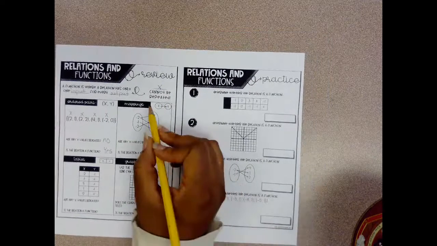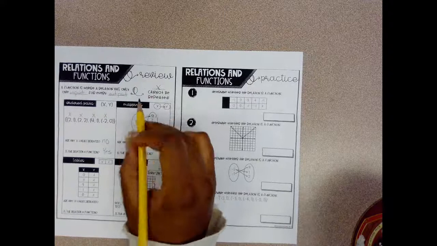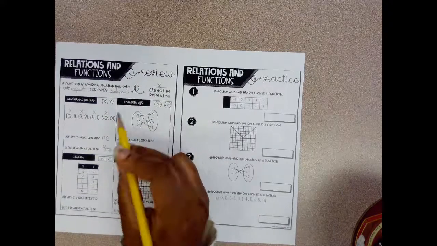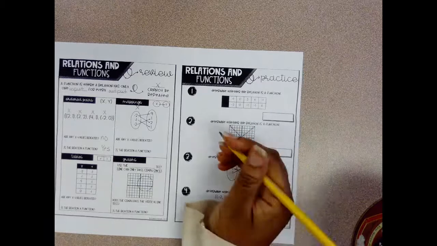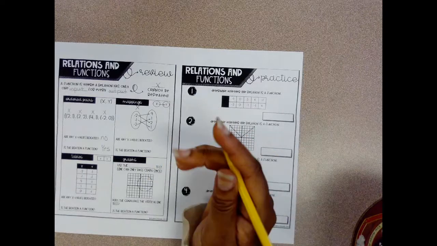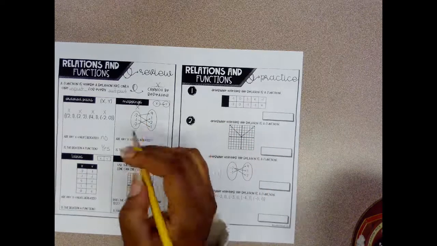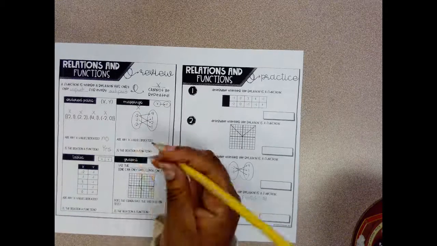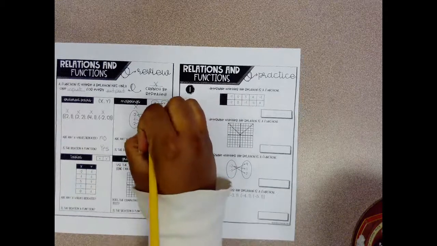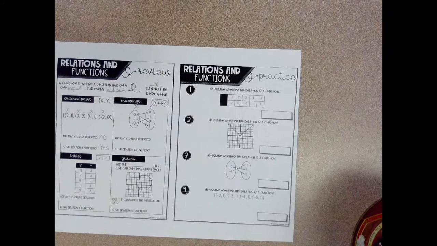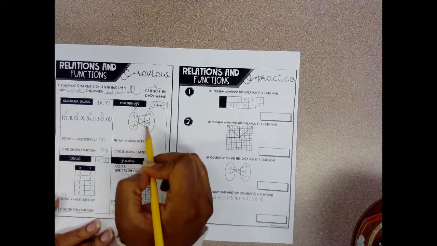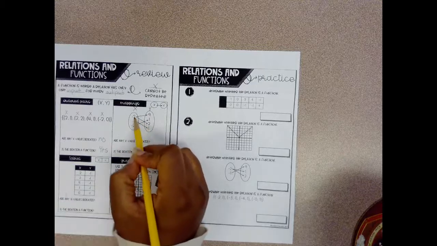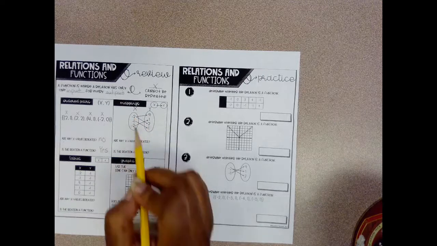Now for my mapping. So this first oval is representing all your x values, either from a graph, table, ordered pair, whatever. This is just another way of visualizing whether or not something is a function. And then this set of ovals is representing your y values. So if you look here, my x values are -2, -4, and -2.